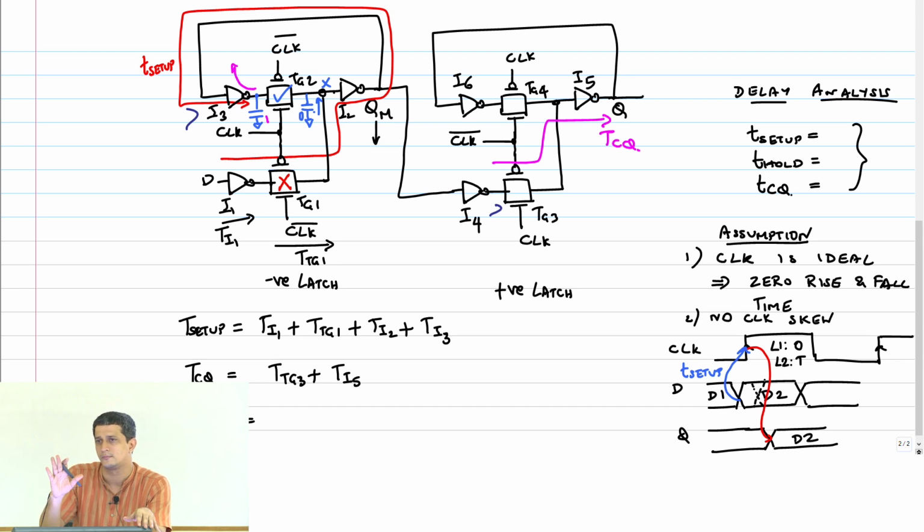There is some randomness. Because remember, after that, L2 is becoming transparent. So whatever is at QM will just go through, depending on the feedback loop, of course. There is that constraint, but I cannot guarantee anything because there is some randomness there. So clock is shutting off my TG1, turning on TG2. What do you think the hold time is? How long should I hold my data?